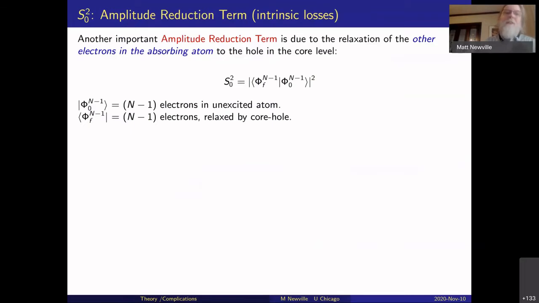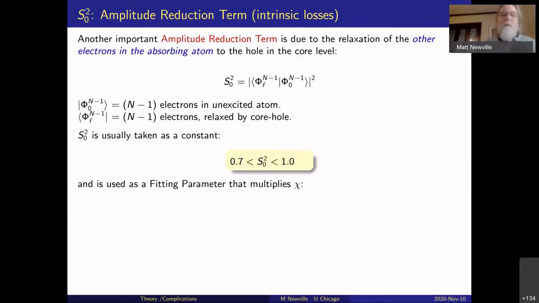This often gives an amplitude reduction term, and it's due to the relaxation of the other electrons relative to the unperturbed ground state. So for the most part, this is a constant. It's not quite energy independent, but it's pretty close to energy independent for most work.